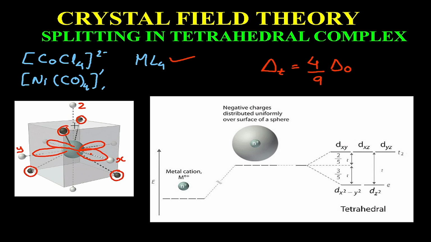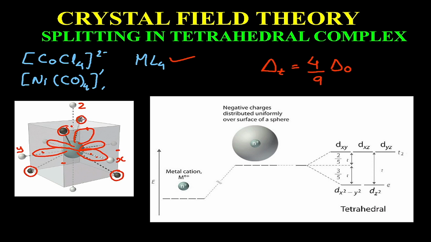Whereas for the orbitals that are present between the axes, if we draw dxz, it will touch this corner, similarly dyz will touch this corner, dxy will touch this corner, and so on.